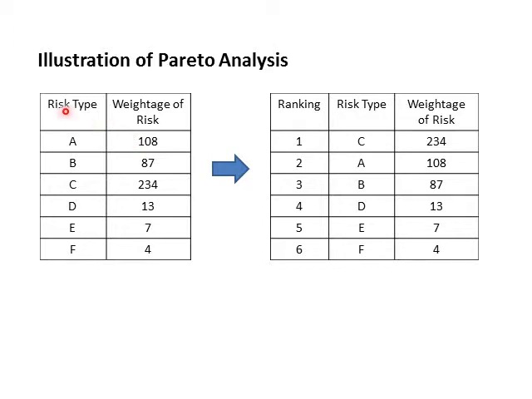If I'm using this example for the civil work, or the people who are constructing the buildings, so the risk type A is dealing with the personnel who are actually doing the sanitary work.